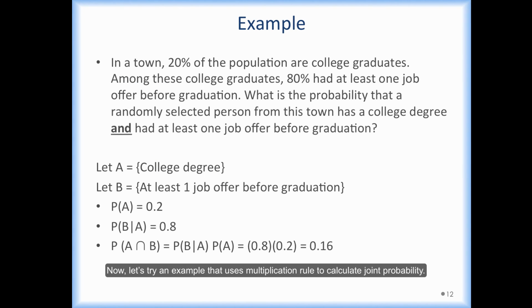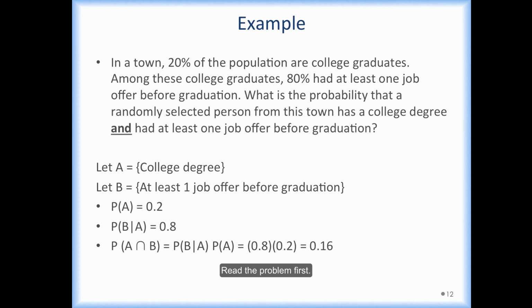Now, let's try an example that uses the multiplication rule to calculate joint probability. Take a moment, read the problem first. To solve this problem, let's define event A to be having a college degree.